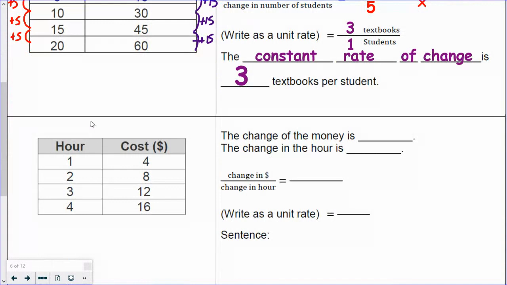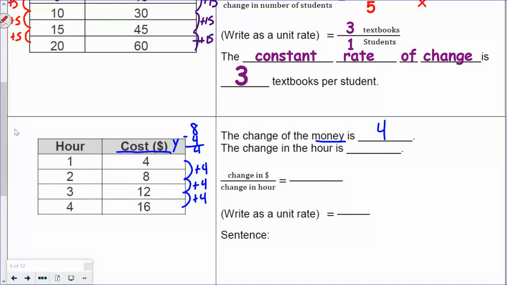Okay. So here we want to compare the change of money. So of course money is our y. Okay, so that's my y right there. How do we go from 8 to 4? Well, or 4 to 8. Take your most recent and go and subtract. And we get 4. So we know we increased by 4. Is 8 plus 4 12? Yes. 12 plus 16? Yes. So we would say the change of the money is by 4.